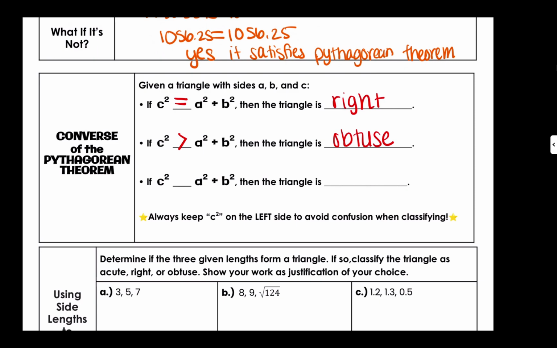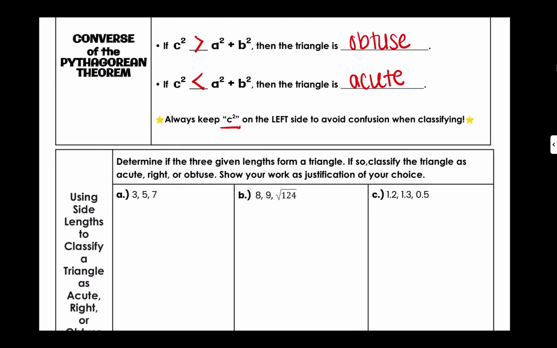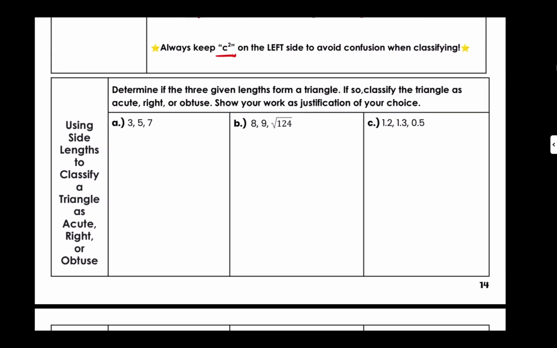If c squared is less than a squared plus b squared, then the triangle is acute. Because of this converse, it's always best to keep c squared on the left side to avoid confusion when you're classifying. So let's do a couple examples of classifying sides of a triangle.